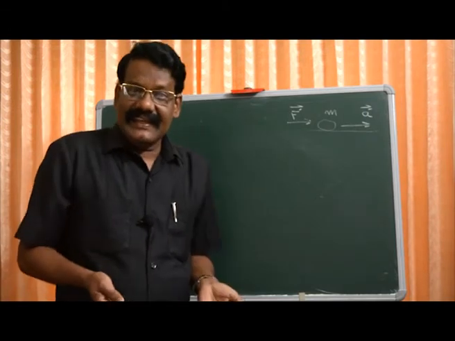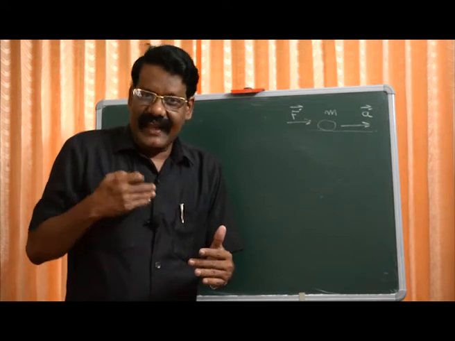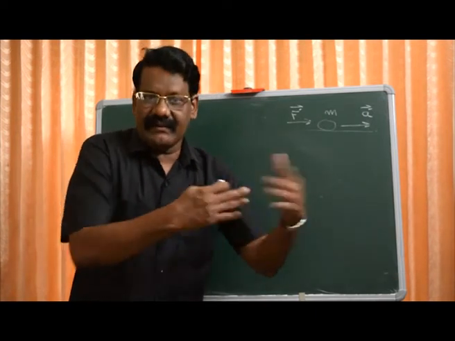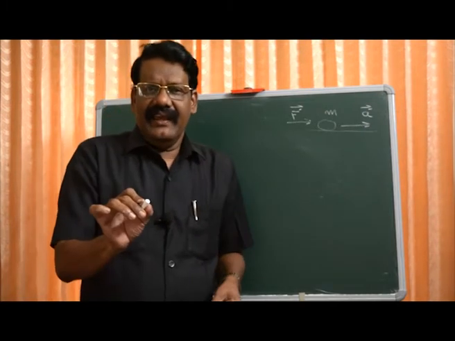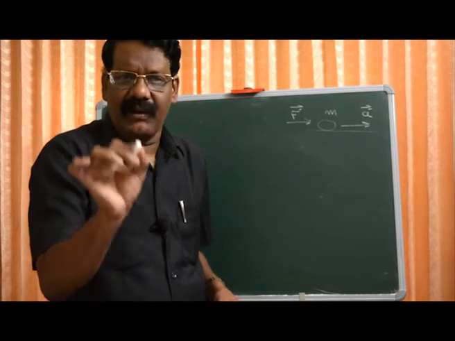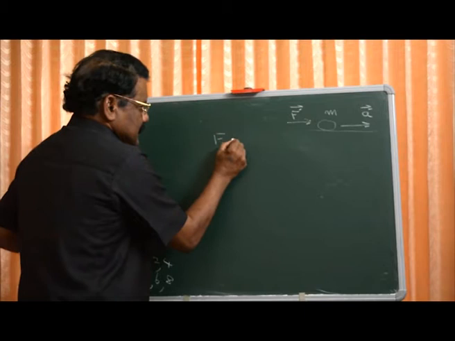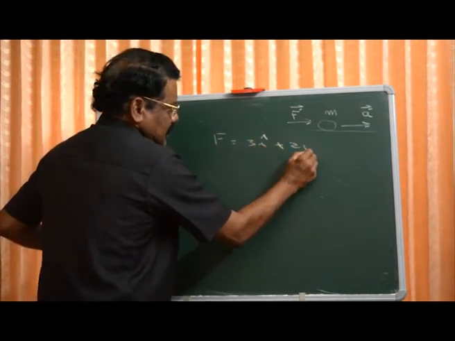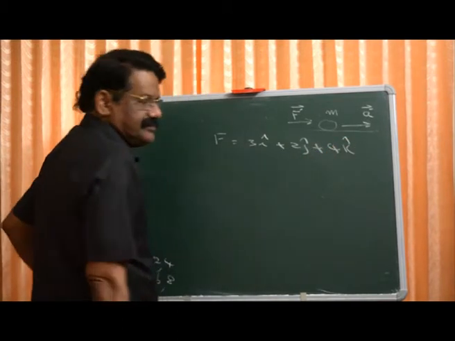In that case, how can we couple the force acting in one direction and the acceleration acting in a different direction? Then we have a very specific example for that. Suppose F is equal to 3i plus 2j plus 4k. It's only an example.